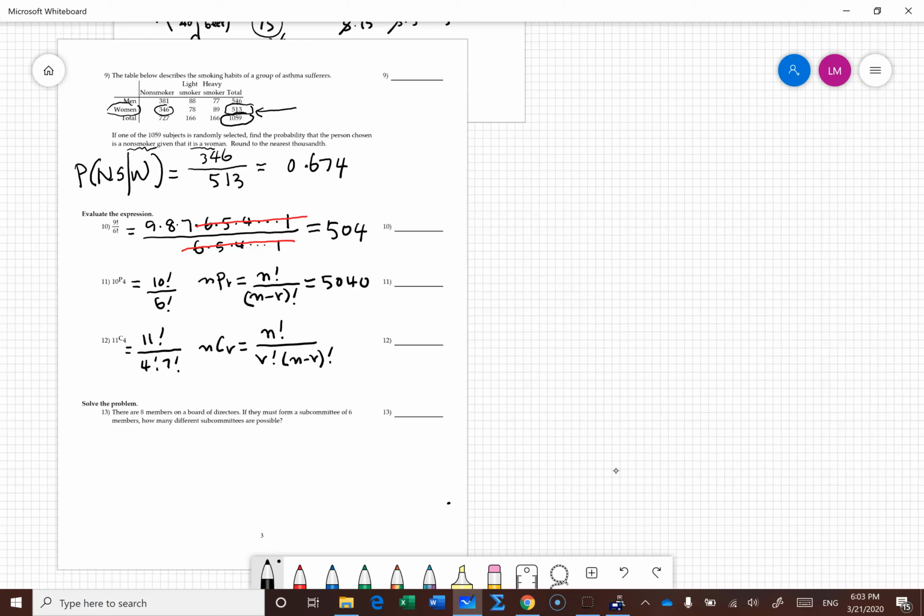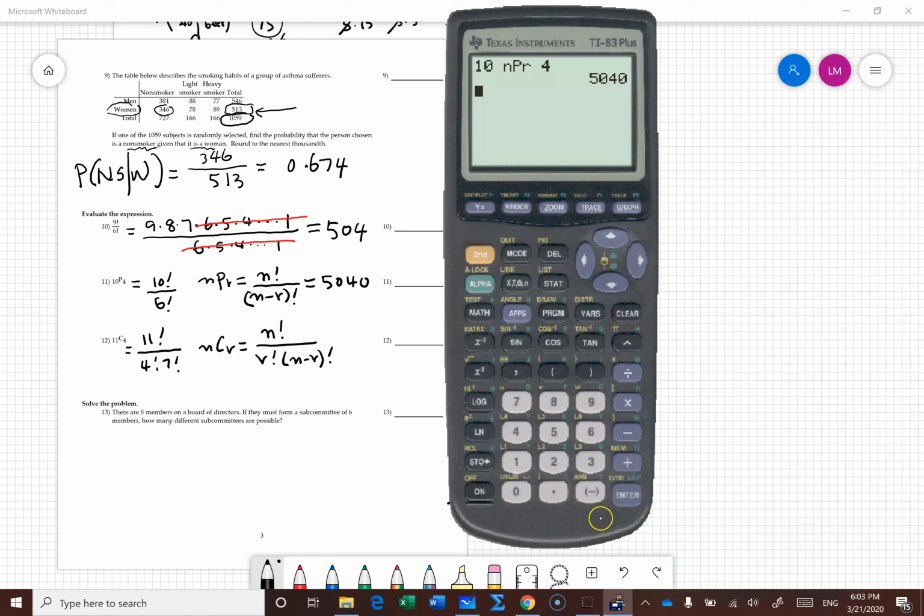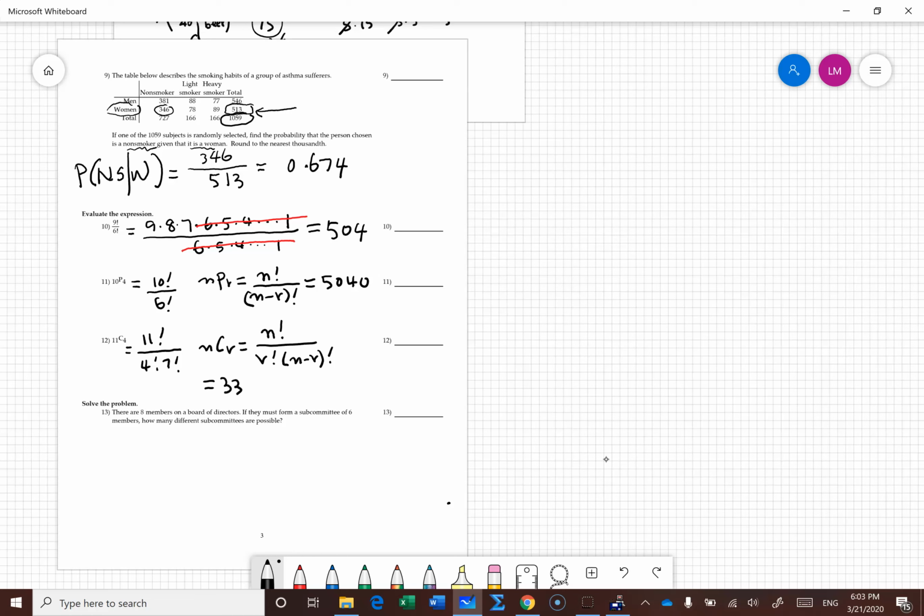But we usually do this in the calculator. So bring the calculator out again. So now it is 11C4. So 11, and then go to math, go to PRB, go to nCr. What number do you have to put? 4. You hit enter, you get 330. Okay, that will be equal to 330.